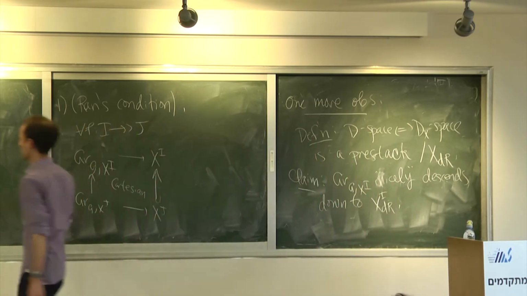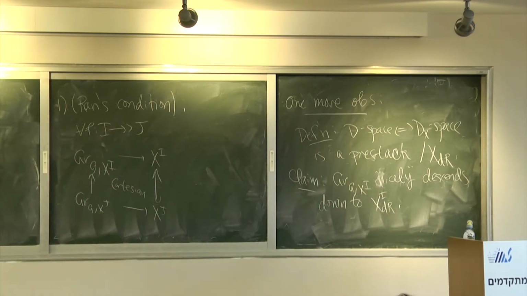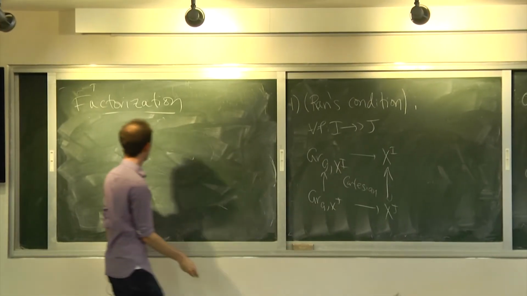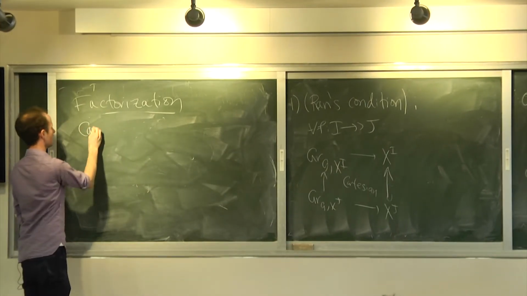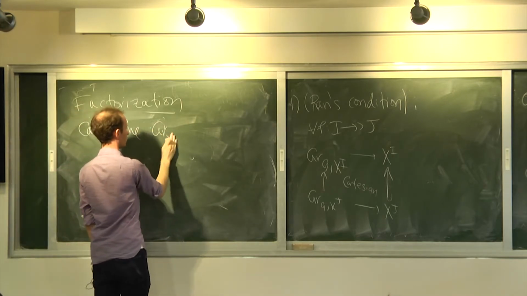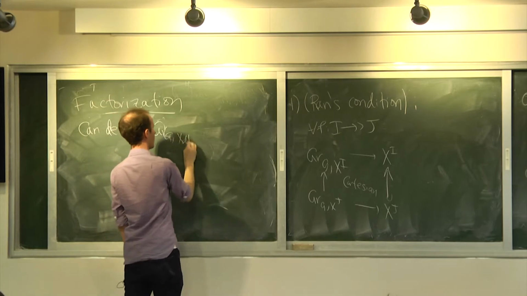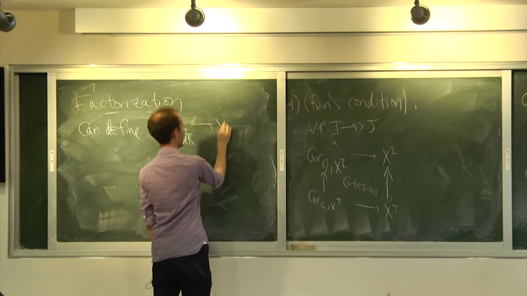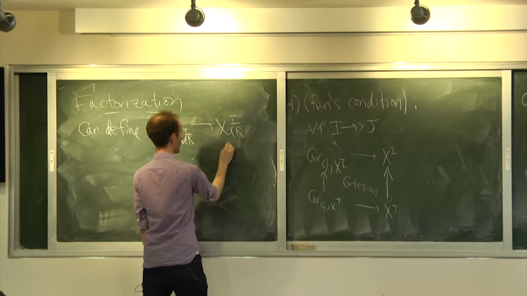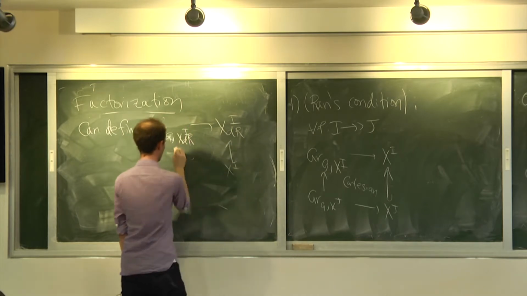In other words, what that means is that I can define Gr_{G,x de Rham^I} over x de Rham^I that fits into a Cartesian square like this.